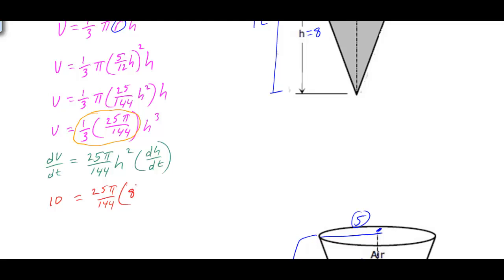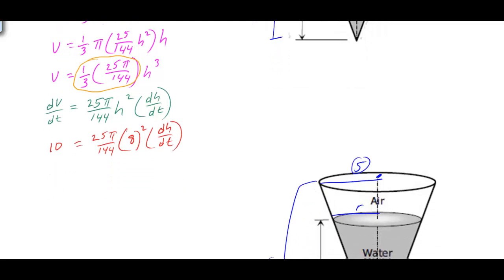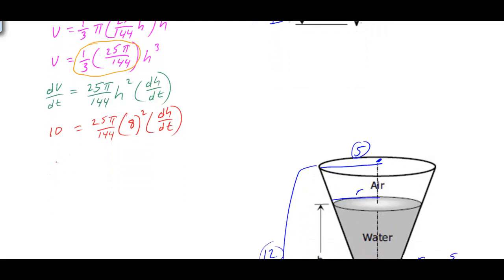So that's 8 squared. And then dH/dt is what we're looking for. So we can simply solve this for dH/dt, and if we do that here, we would end up with 10 equals 25 pi over 144 times 64 dH/dt.